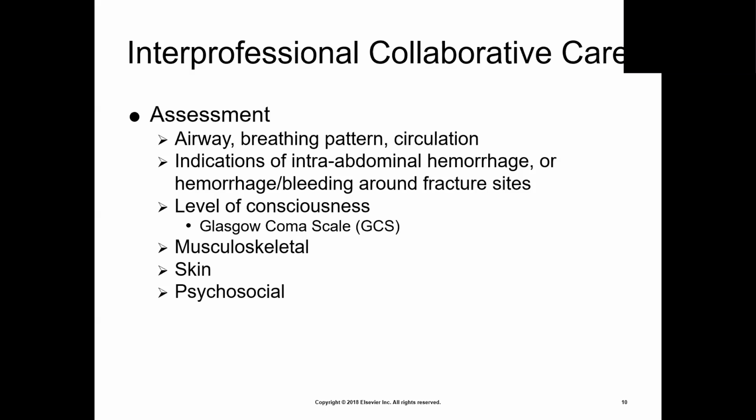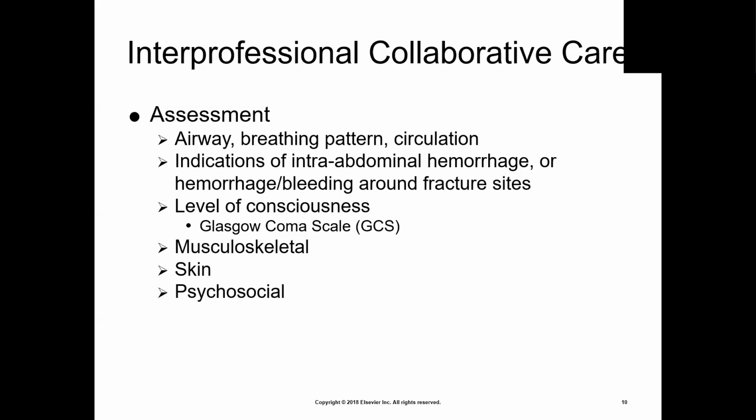So circulation, are they bleeding? Anything in regards to that? Then after that, fractures. Obviously, if they're suspecting cervical fractures, they're going to stabilize that ahead of time, prior to them coming to you, but just kind of keeping that in mind as well. But when it comes to airway as opposed to fractures, airway is something that we're going to establish first.